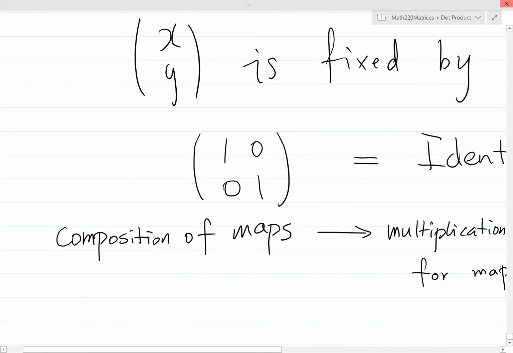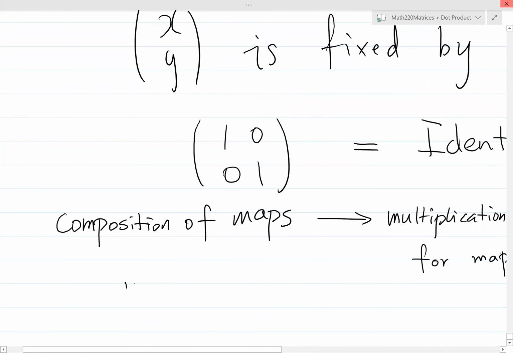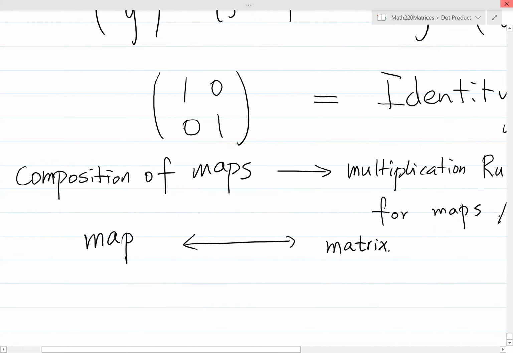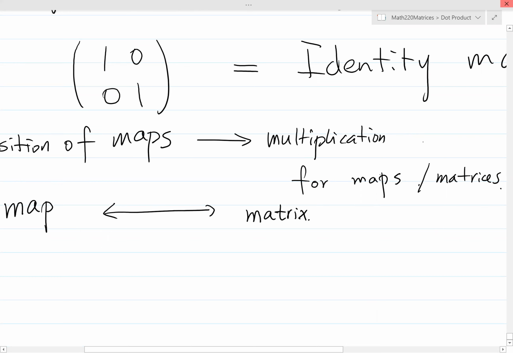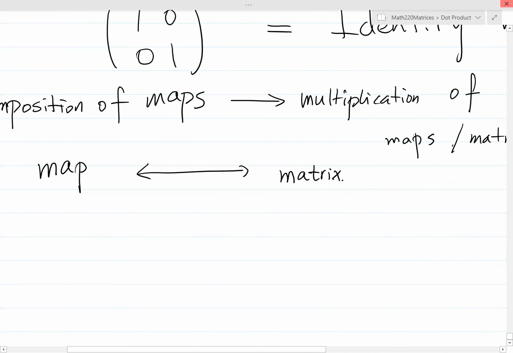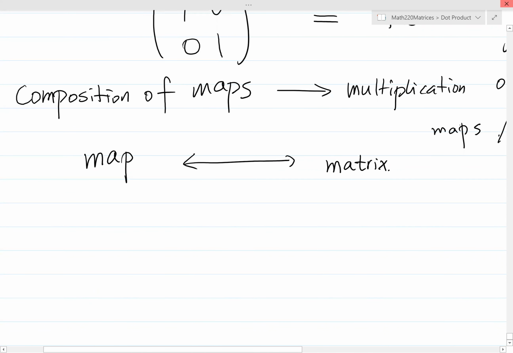Maps between vector spaces correspond to matrices, and the composition of maps gives us the multiplication of matrices. Now you see that for some compositions we can get the original thing, the identity map. For instance, R theta and R negative theta give the identity.